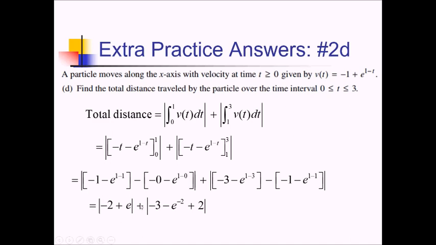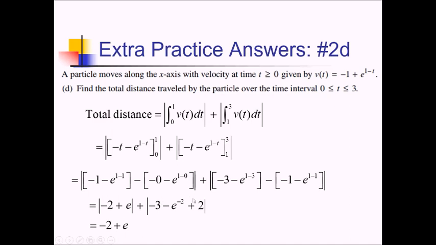These absolute values have to get evaluated now. So remember, the absolute value gets applied after everything gets added together. So over here, e is actually bigger than 2. So if you do negative 2 plus e, it's going to come out to a positive number. We don't want to change that. So to get rid of this absolute value, we are just going to accept what is already inside here, negative 2 plus e. Over here, I need to simplify.